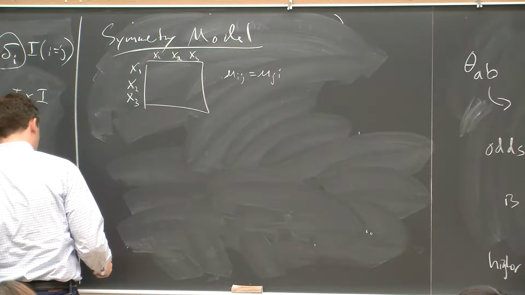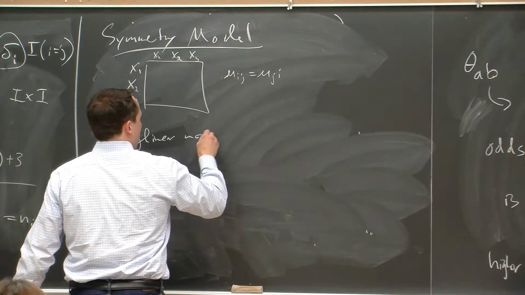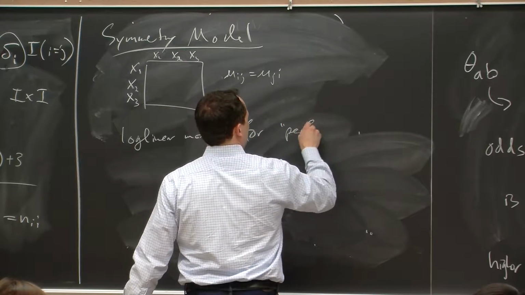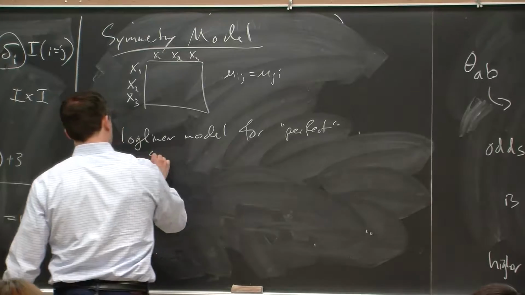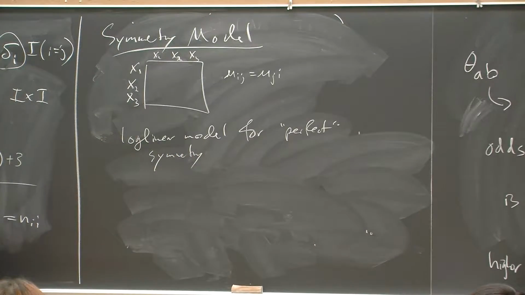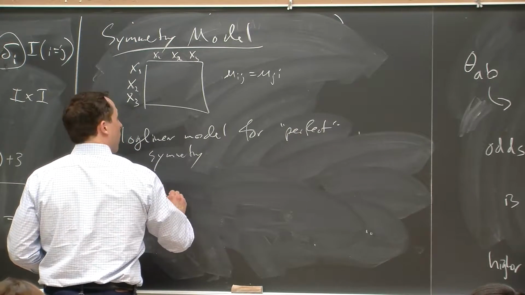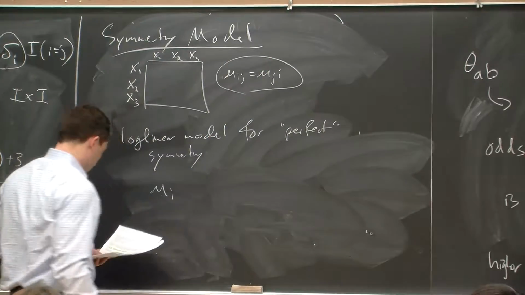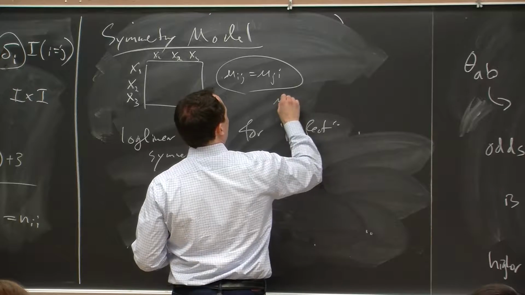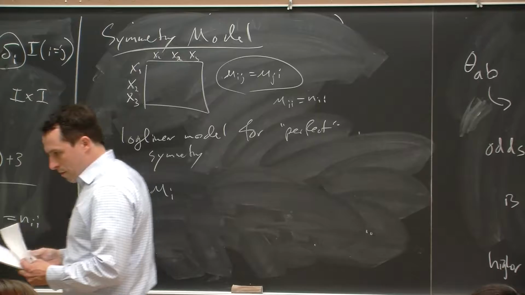Sometimes it works. Right? So what we want is a log linear model for this kind of symmetry. We want this to hold, mu ij equals mu ji, and we want mu ii to be n ii on the diagonal.